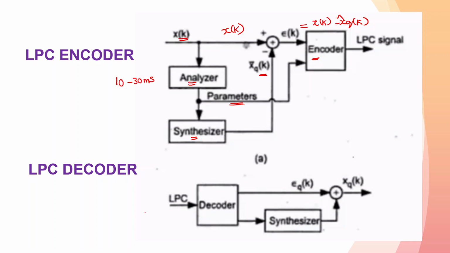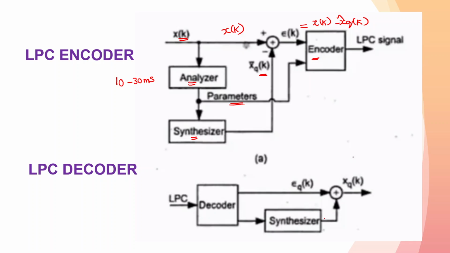The LPC decoder is explained here. The LPC signal which is transmitted is received here. It is applied to a decoder block, from which the synthesizer block is used. It is going to synthesize the speech signal. The received LPC signal is applied to the decoder, which decodes the parameter values, and then it is processed by the speech synthesizer block.